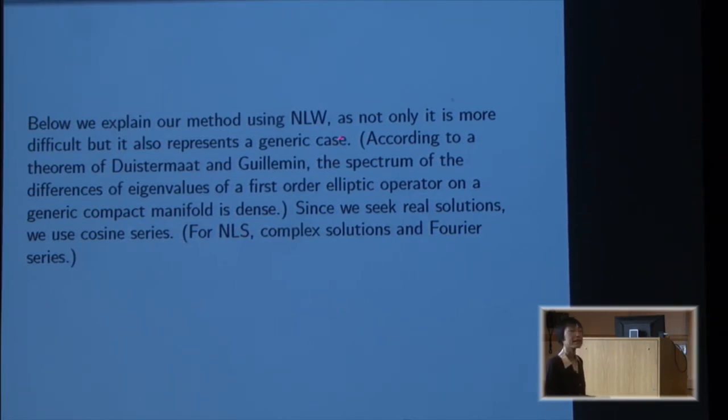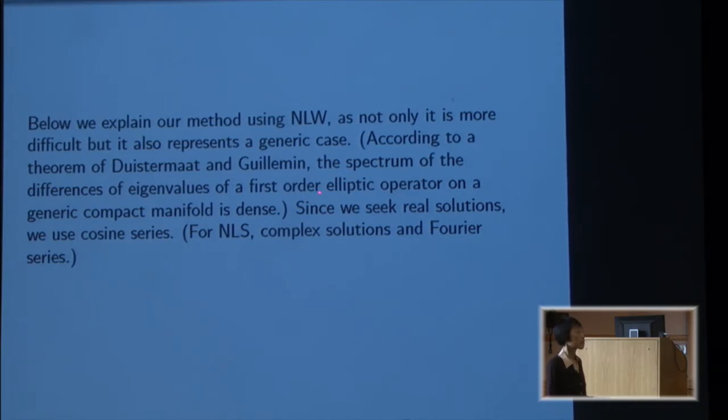There's a very nice survey paper by Guillemin in the Duke Journal of Math on this aspect. It's very striking. Therefore, we take the nonlinear wave on the torus because it's dense. Generic, not quite, but anyway, it can represent the generic case. That's one of the reasons.